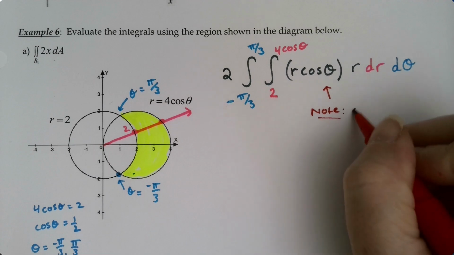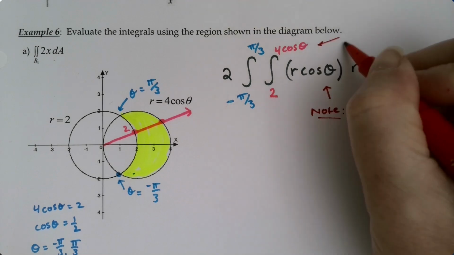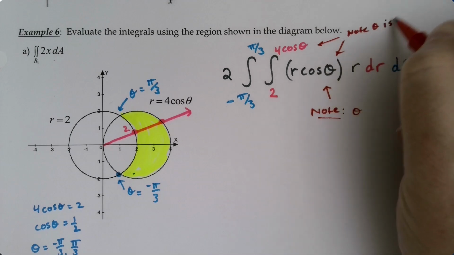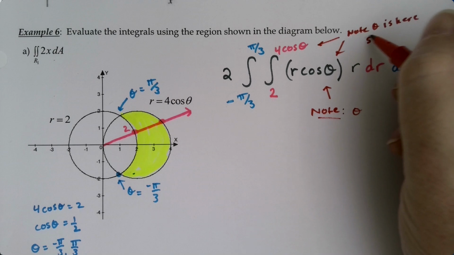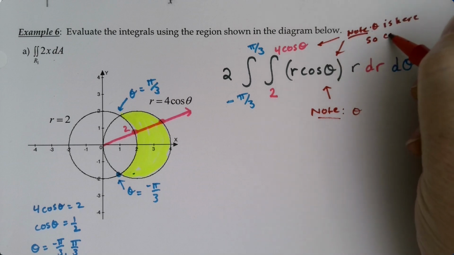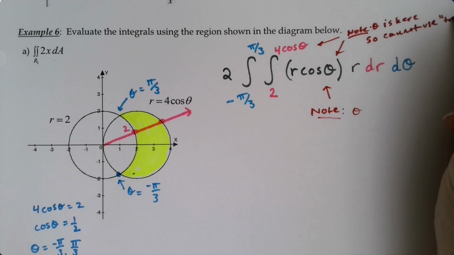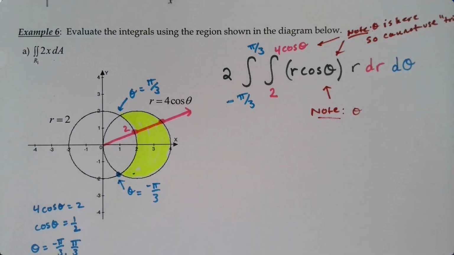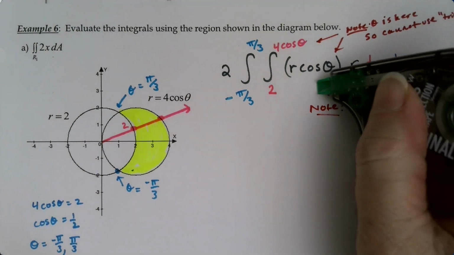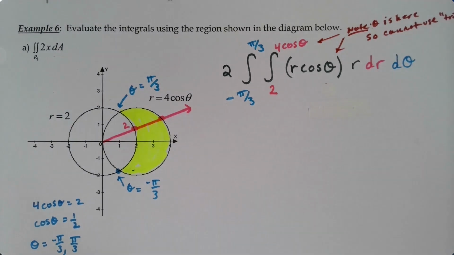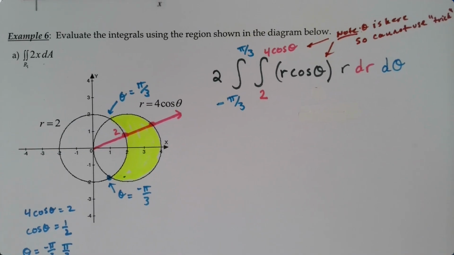Note theta is here, so you cannot use our trick, where you just make theta disappear and put in the value. You can't do it. Theta is involved in the integrand as well as the limits of integration, so you're stuck. You're actually going to have to do this work.